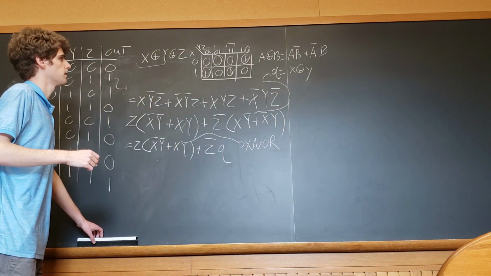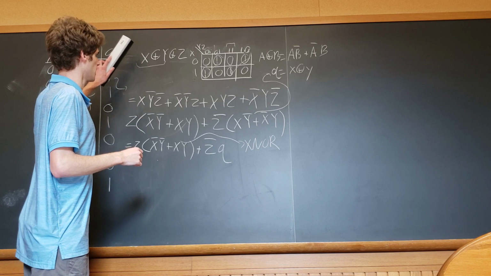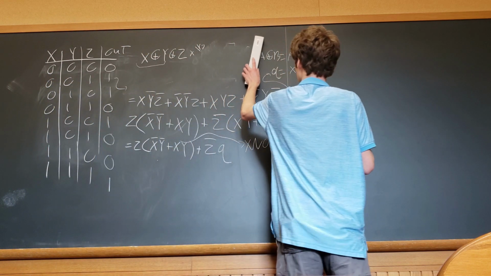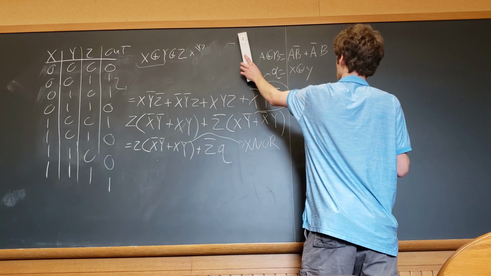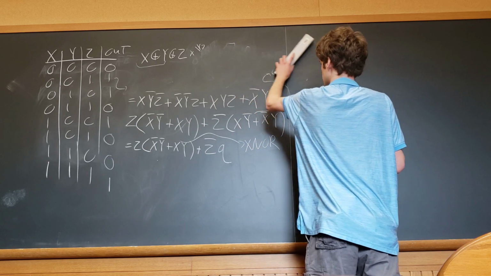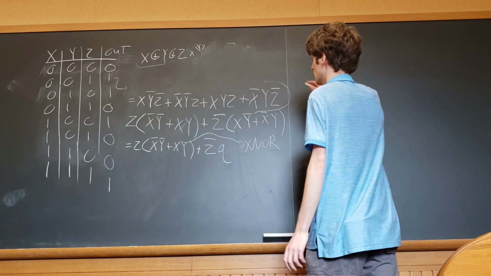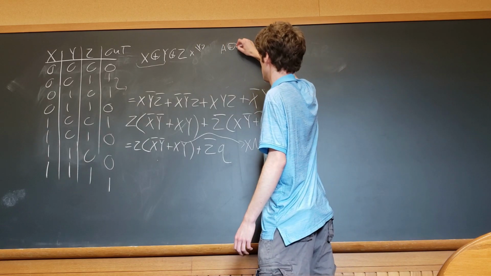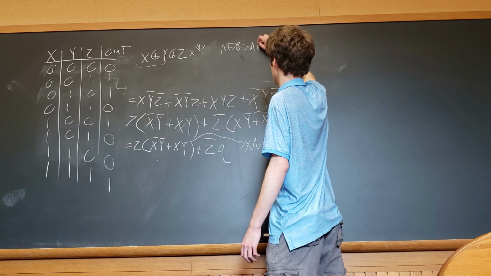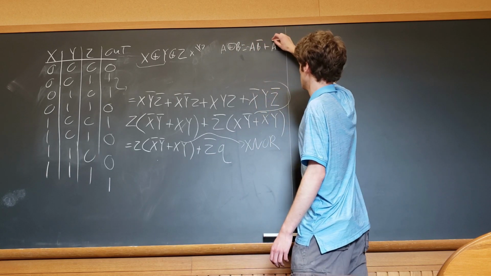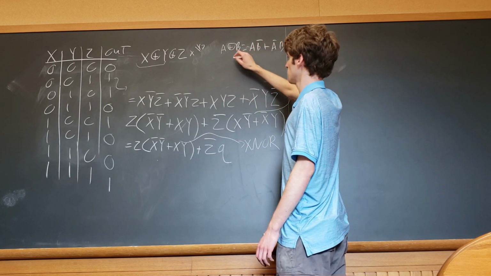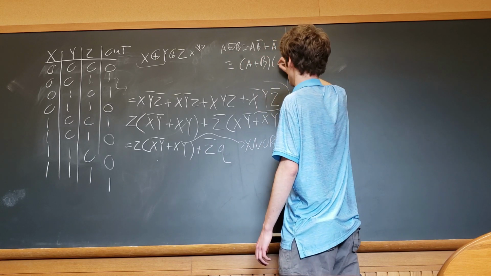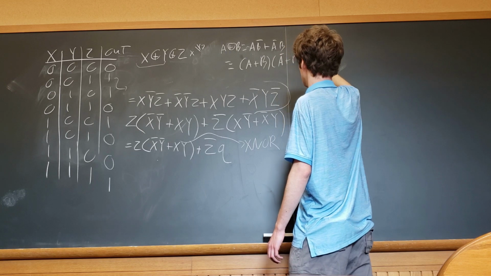So let me erase this Kmap so I can do some work up here, and I will get rid of this too. So we know that A XOR B equals A B naught plus A naught B. And this is equivalent to (A plus B) times (A naught plus B naught).